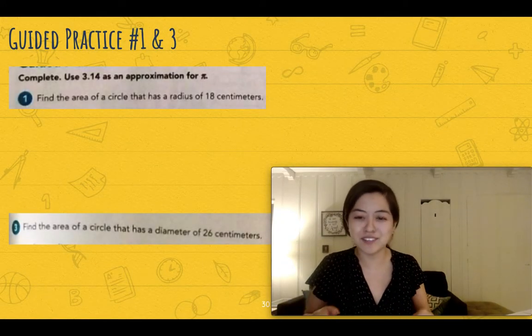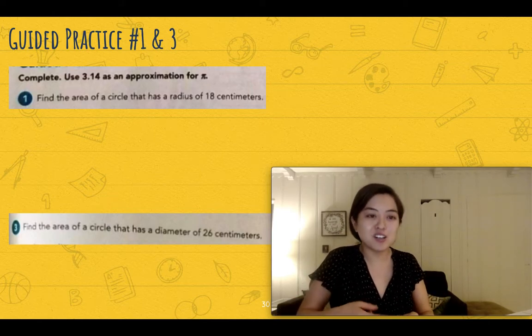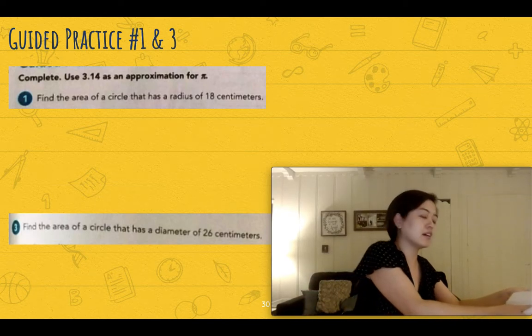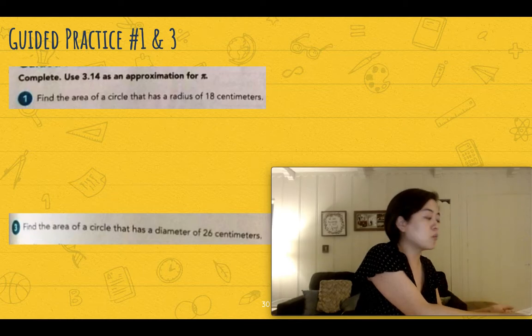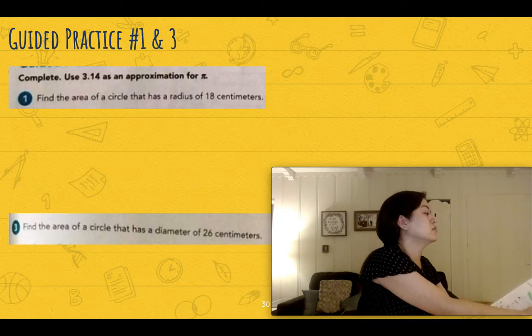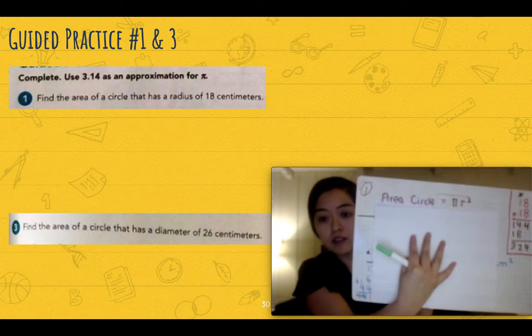Hey, you're back already? Okay, let's check the answers. So we're using 3.14 as an approximation for pi. And for number 1, I know that the area of a circle is pi r squared.